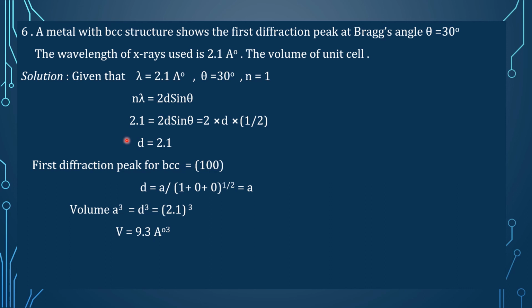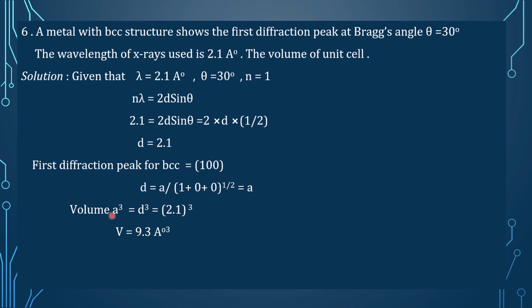First diffraction peak for BCC is 100. So we have d equal to A by root of h square plus k square plus L square. So h is 1, k and L are 0. So (1 square plus 0 square plus 0 square) raised to half gives 1. So root of 1 is 1. So d equal to A. So we have to find the volume, that is A cube.